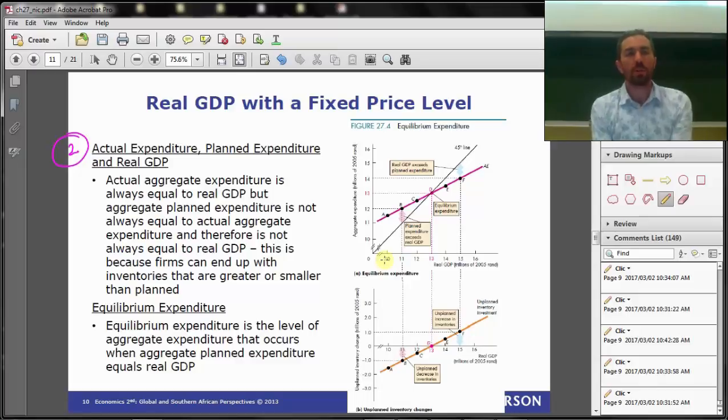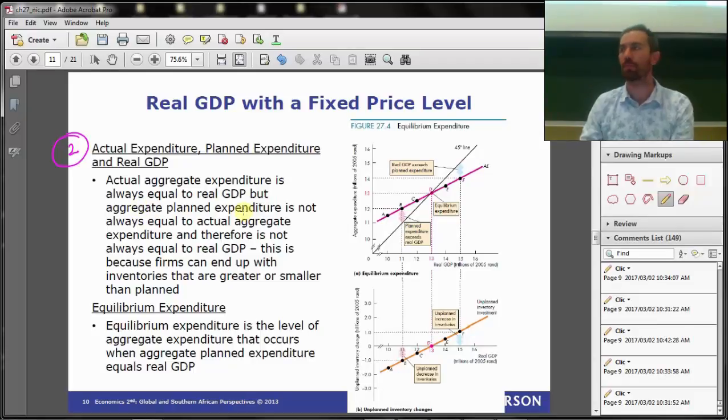So actual expenditure versus planned expenditure. As I said in yesterday's lecture, this entire model hinges on this idea of planned expenditure and the difference between planned expenditure and actual expenditure. Actual aggregate expenditure is always equal to real GDP, but not always equal to aggregate planned expenditure.